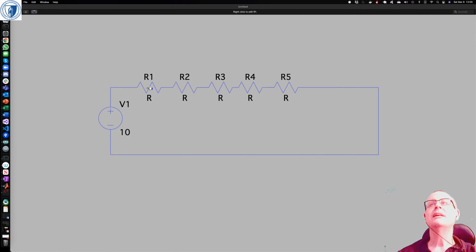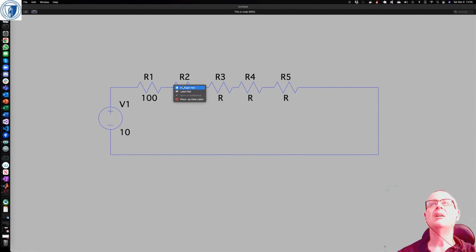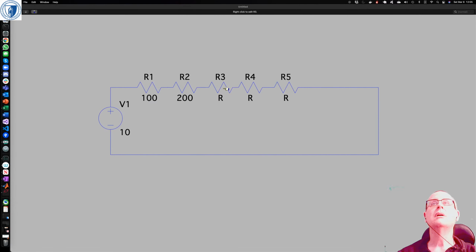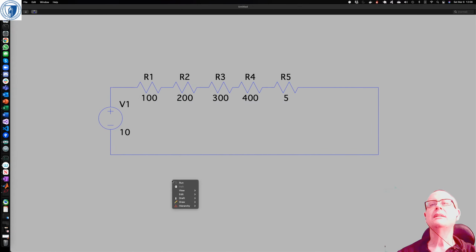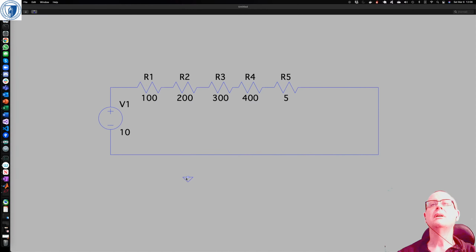And I think I gave it 100, 200, 300, 400, and I think I said 5. Right, and I've got to find the net name. I always forget. Yeah, the ground. We can put that there and go F3 and connect up the ground.